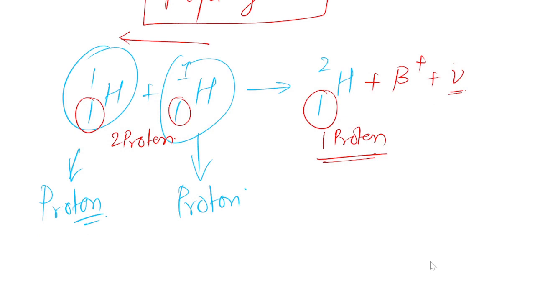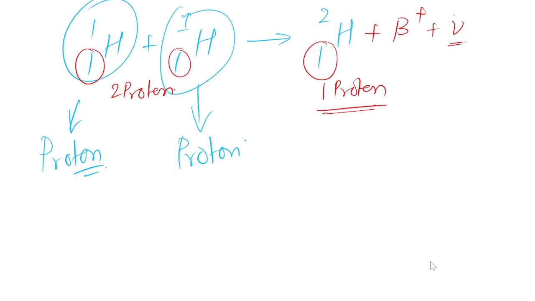Now this reaction won't stop here. One deuterium further combines with one more hydrogen, right? So 1H1, 1H2 plus 1H1, they combine together, and what do they form? They form 2He3.